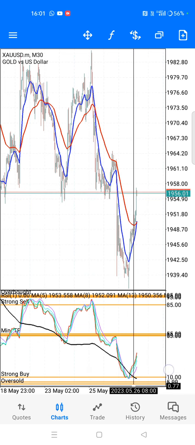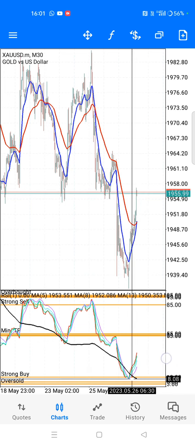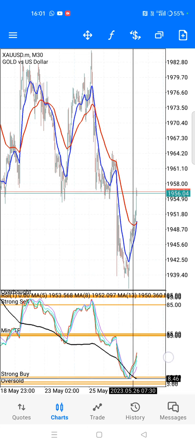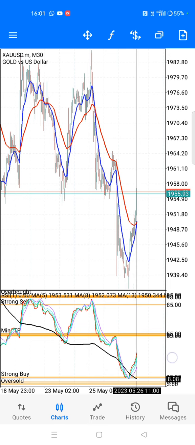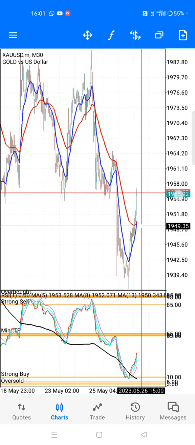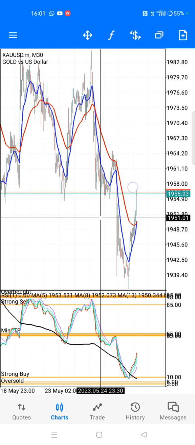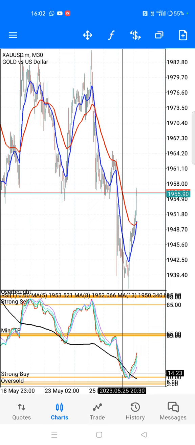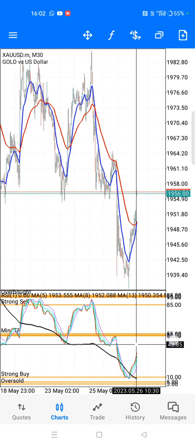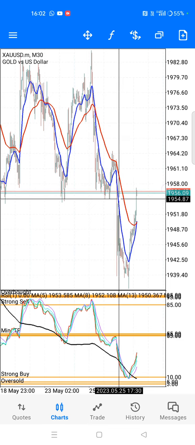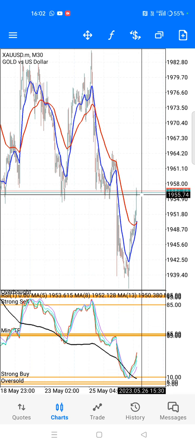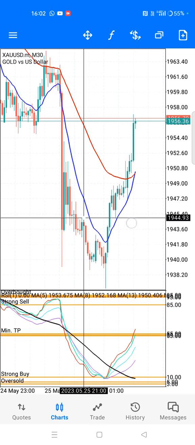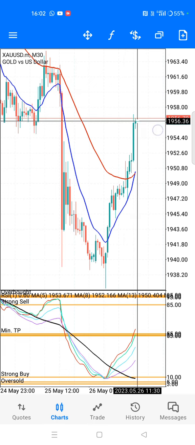For now we cannot enter a sell. Why? Because the 200 just about reached here. You have to wait for the next candlestick. Now it's 4:01. You have to wait for the 4:30 candlestick to execute a buy. The current candlestick is bullish, so we have to wait for it to close.